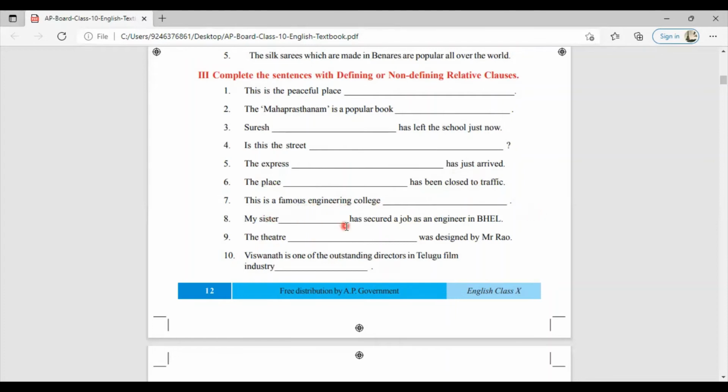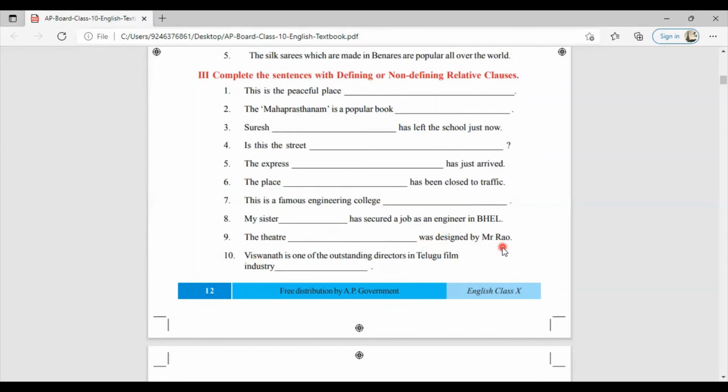"My sister dash has secured a job as an engineer in BHEL." My sister, who has completed her studies in any place, you can write like Bengaluru, Hyderabad, New Delhi, has secured a job as an engineer in BHEL. For engineer, we almost take IIT only, no? So you can use Bengaluru. We have read in that lesson also, right? "The theatre dash was designed by Mr. Rao."